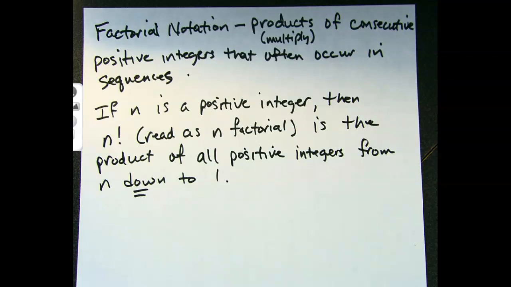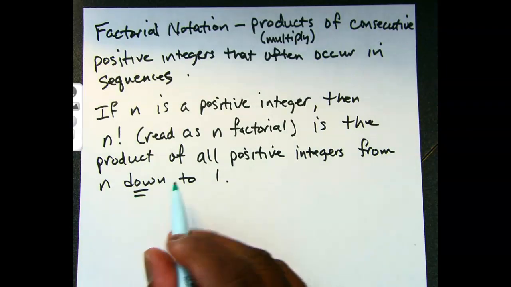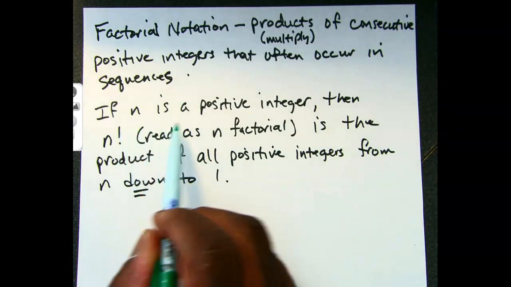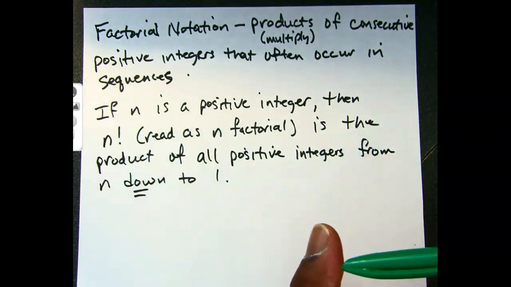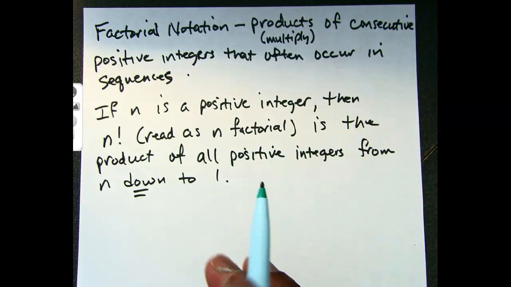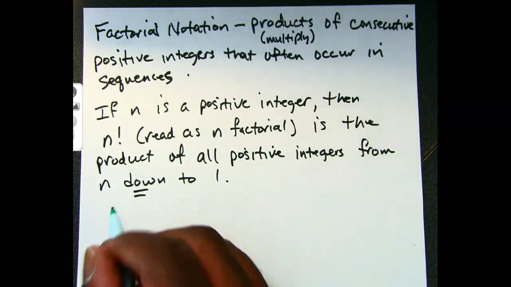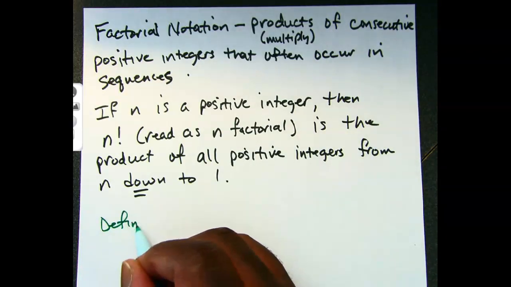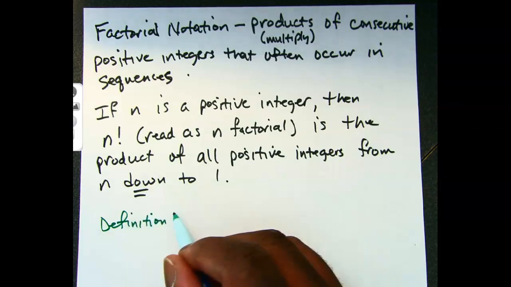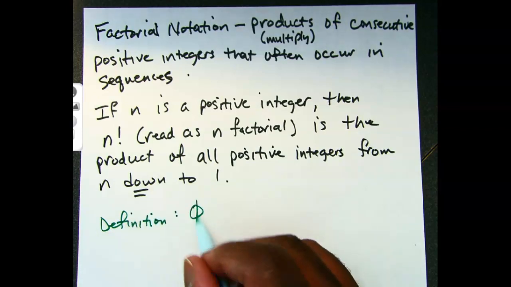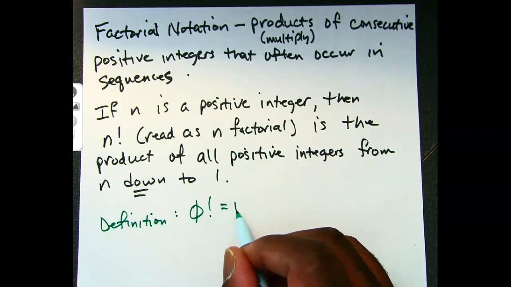Now, we're going to start off with a definition. So 0 factorial, so n is a positive integer. Remember, 0 is neither positive or negative, but we do have a definition for 0 factorial. So 0 factorial is equal to 1.